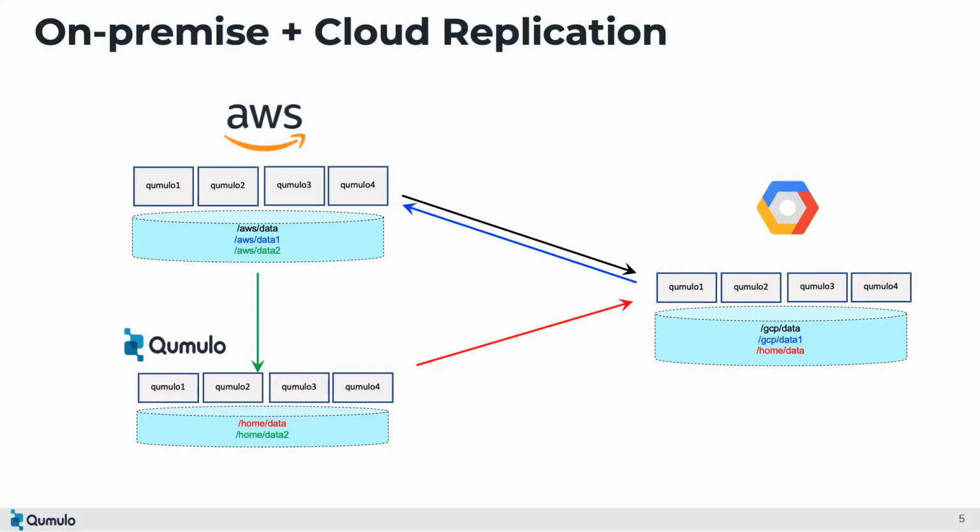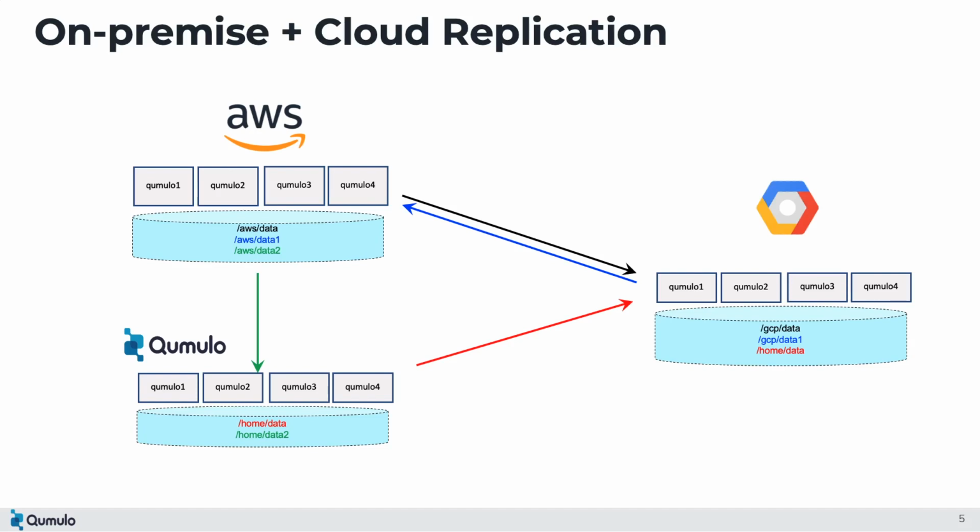In this setup, we see the AWS cluster, for example, has a 1-to-n relation since it replicates into the Google and the on-premise cluster. The cluster in Google, though, has an n-to-1 relation since two other clusters replicate data to it. And all clusters are source and destination clusters for different directories at the same time.